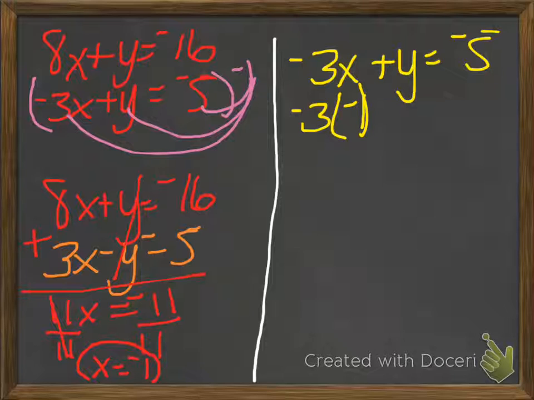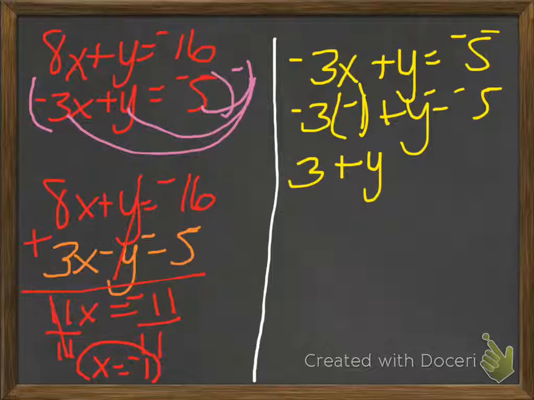Remember, when you have a number right beside a variable, that means to multiply. So when I plug in that negative 1, I must notate that I'm going to multiply it by negative 3. Plus y equals negative 5. So negative 3 times negative 1 gives me a positive 3. Plus y equals negative 5.